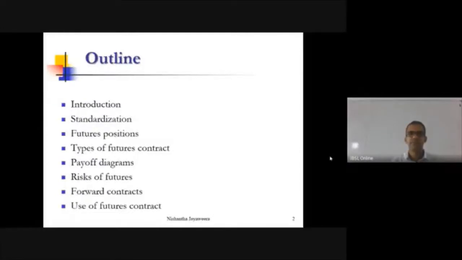So there are specific terms that we should know about futures. We'll discuss that. But in simple terms, futures is almost the same as the forward transaction.